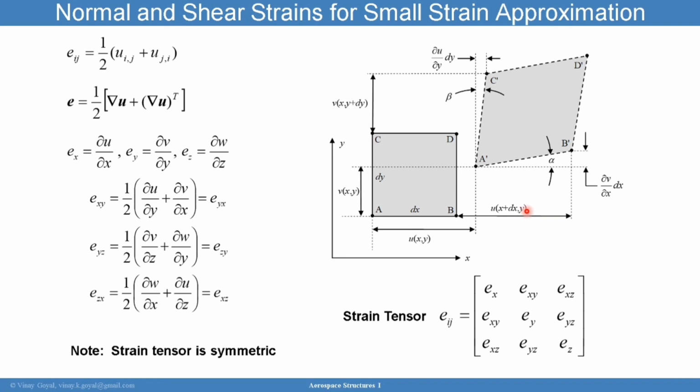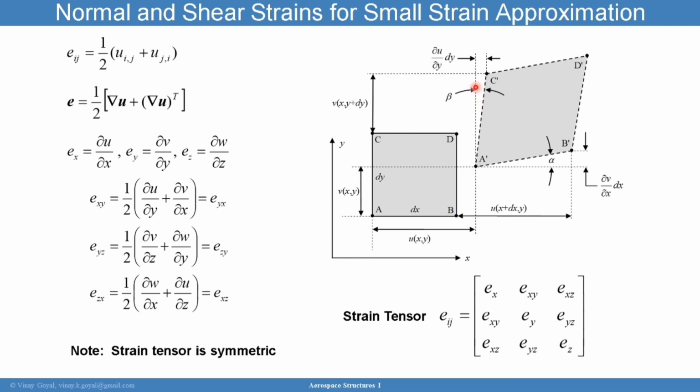Now we have also the deflection of point C, and that point has moved an amount v, as you can see, but at y plus dy. And so that's that point here. You can then determine these angles using geometry.